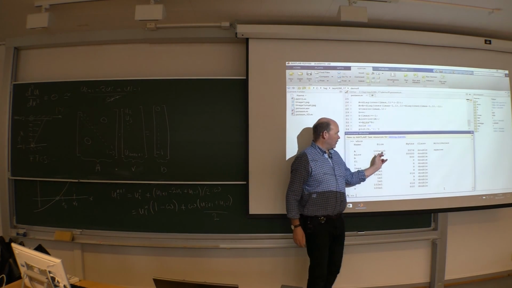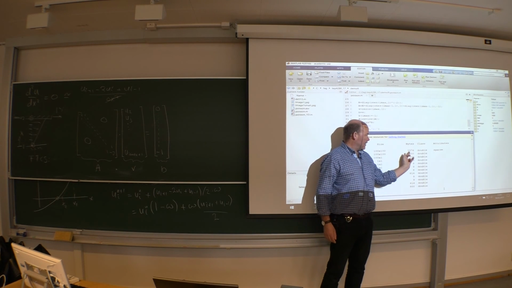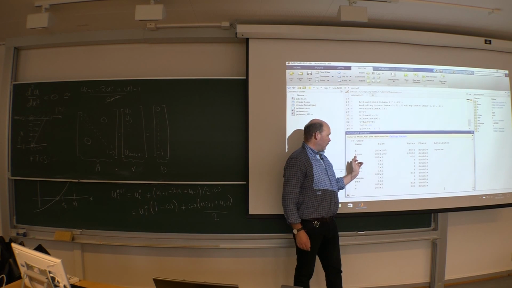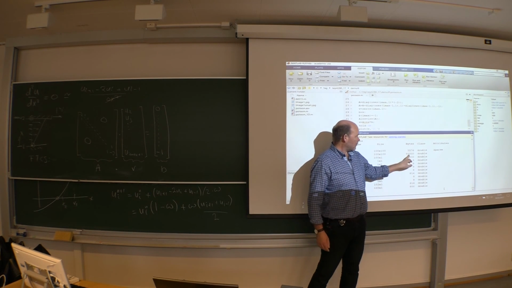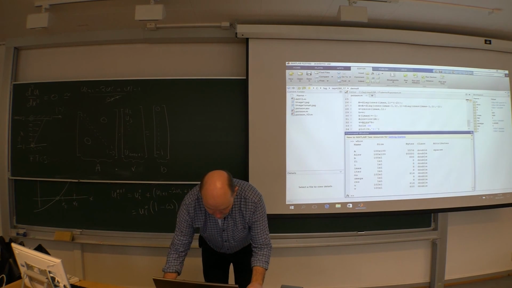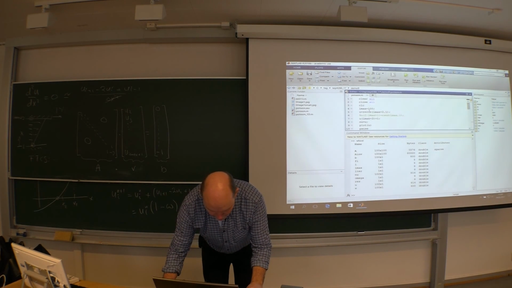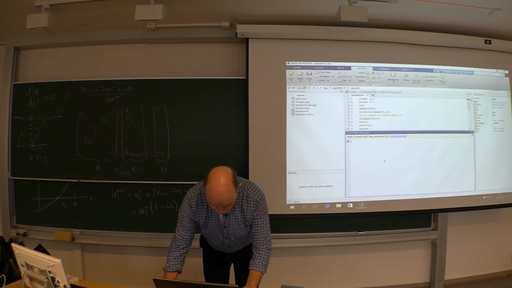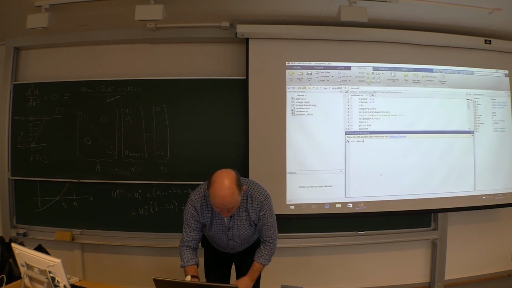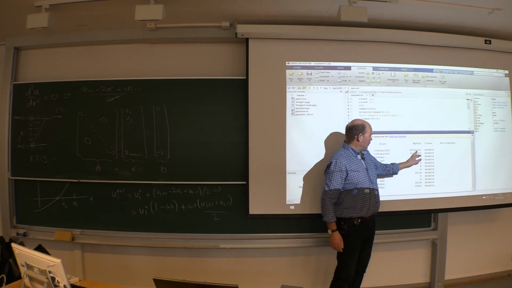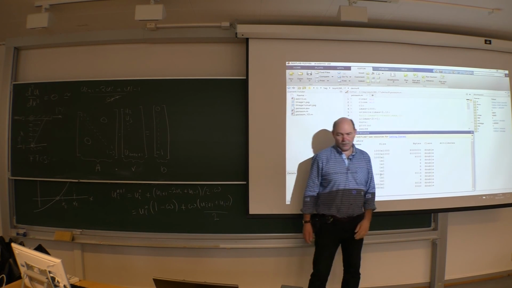A 100 by 100 requires this amount of bytes when it is sparse. When it is full, 100 by 100, you need 80 megabytes. So if you now start playing around with bigger numbers, you have 1,000 by 1,000 unknowns, and then write whos. Okay. You are getting up to very, very big numbers here very fast.